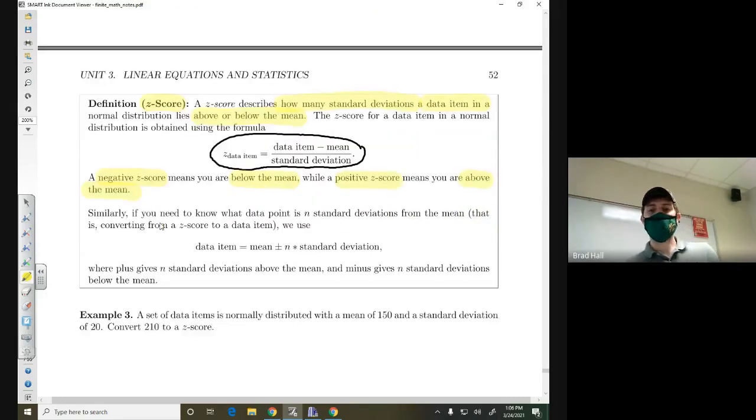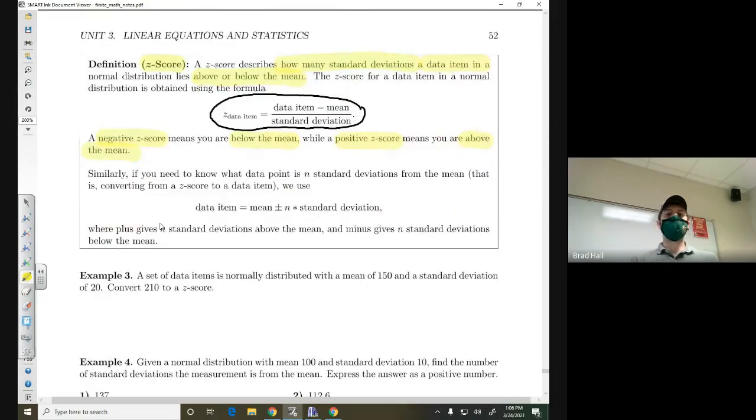Now, if you're working backwards, say if you know the z-score already, or if you know the number of standard deviations away from the mean, and you want to figure out the raw data value, you could do a little bit of algebra, but you would ultimately get this formula for the data item.